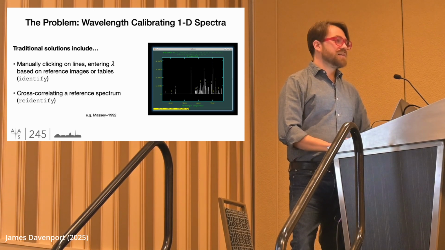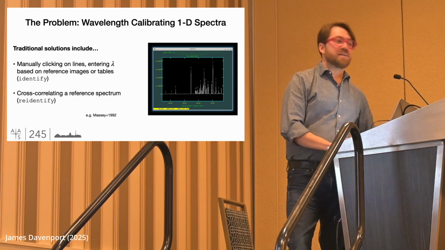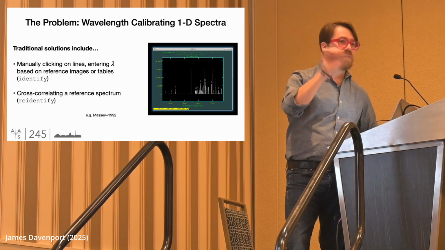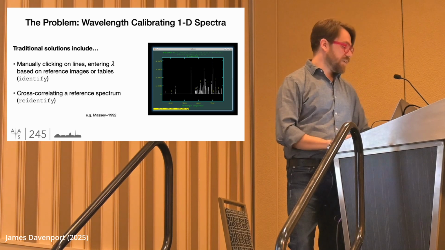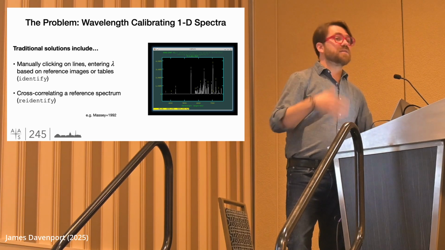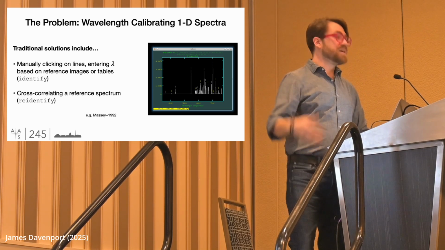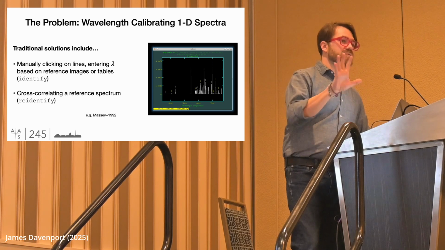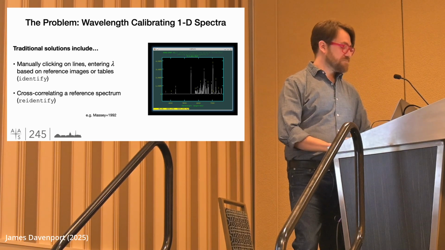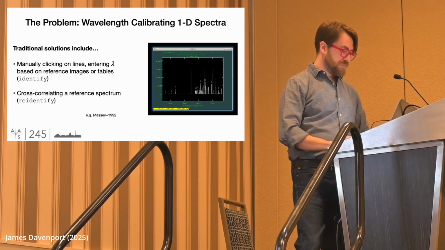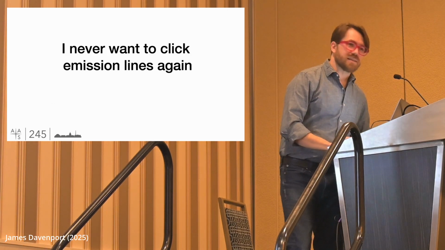You would click on lines, look up some table, and say, okay, I think that is such and such wavelength line, and then you'd type it in. And then once you had enough of those, you could fit some kind of linear or polynomial model. Once you had that model, you could then go to the next spectrum in the night and use reidentify, which just does some sort of cross-correlation, slides the solution around, updates it in real time. This is a very well-tested workflow. But I am very lazy.